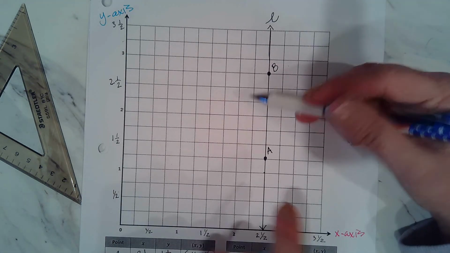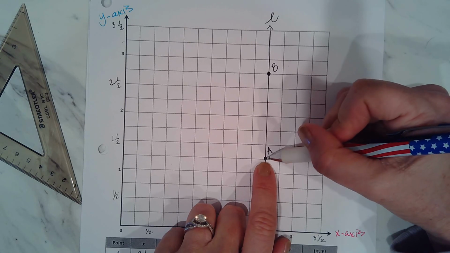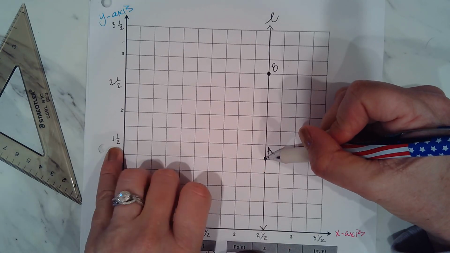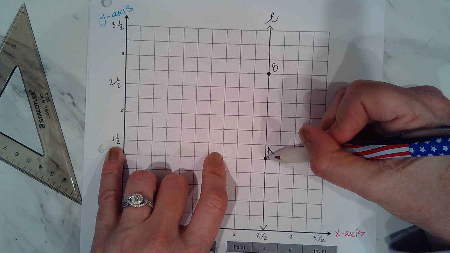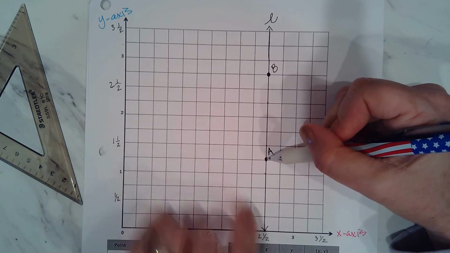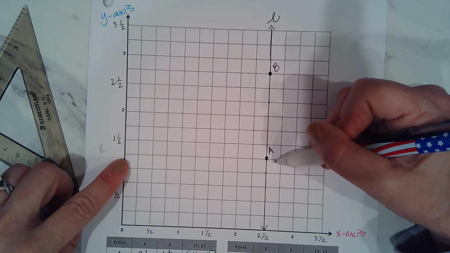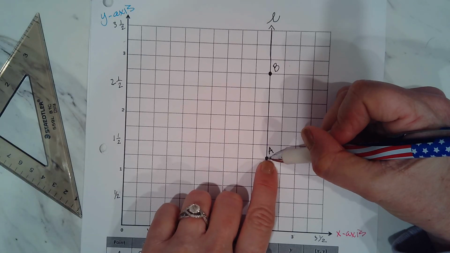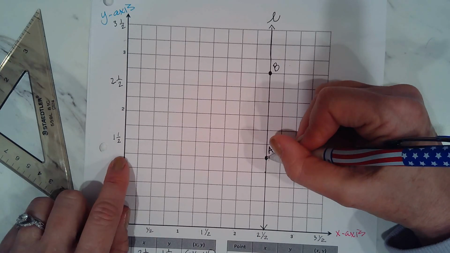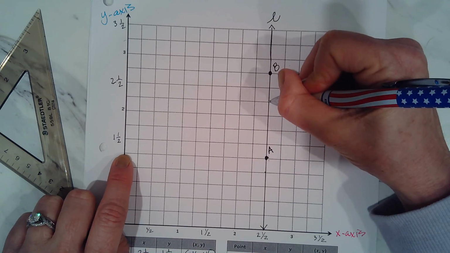So you were to do 1.25 plus 1.5. So I'm going to just double it and go from 1.25 to 2.25.